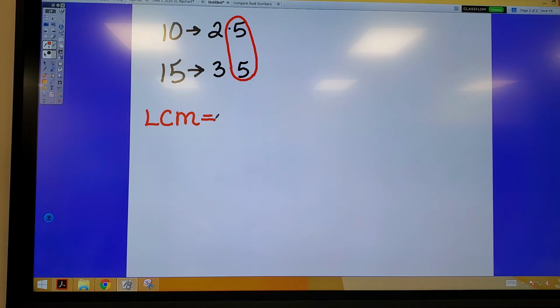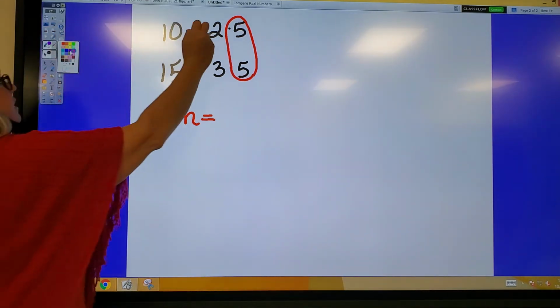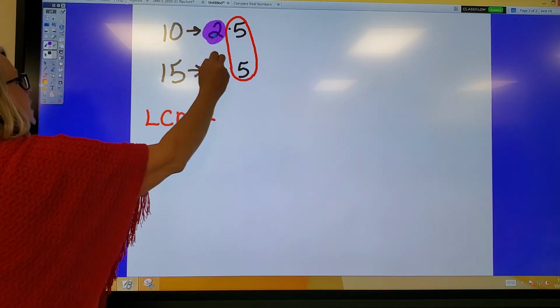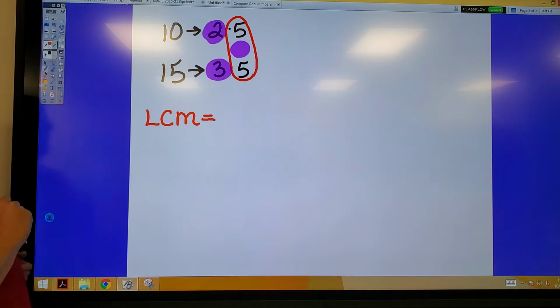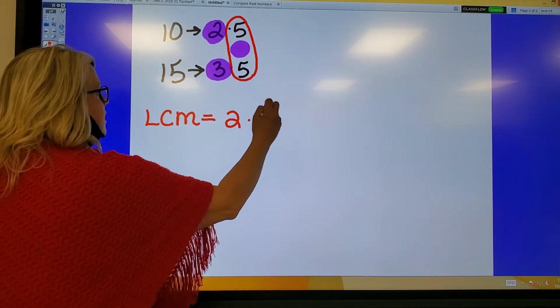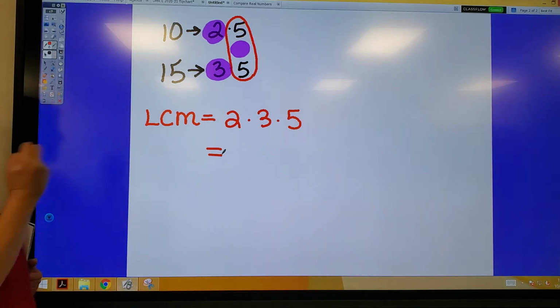We're going to multiply all the prime numbers together that we have, but we're only going to multiply the numbers that they have in common once. Meaning, I'm going to highlight up here. I'm going to take this 2 and the 3, and I'm only going to take one of these 5s. So 2 times 3 times 5, which is 30.